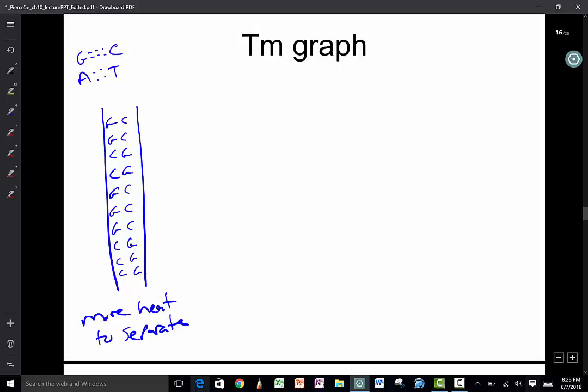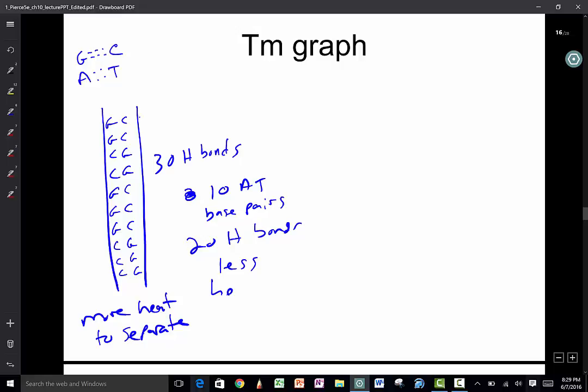So we'd have 1, 2, 3, 4, 5, 6, 7, 8, 9, 10 nucleotides. There'd be 30 H bonds holding that together. If it was A's and T's, if we had 10 AT base pairs, that's 20 hydrogen bonds. So it'll take less heat to separate those.